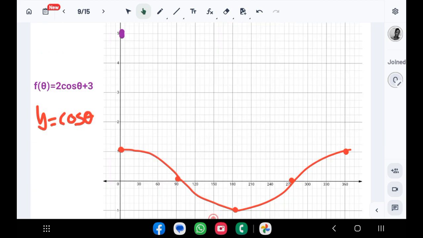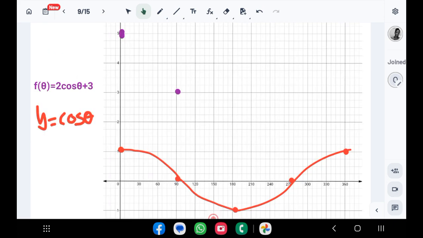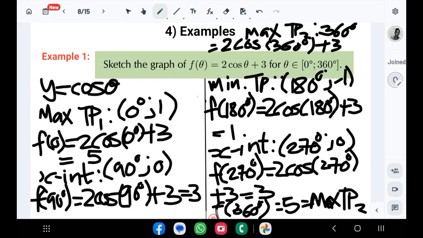At 180 degrees, it is 1. That is the point. At 270 degrees, it is 3.